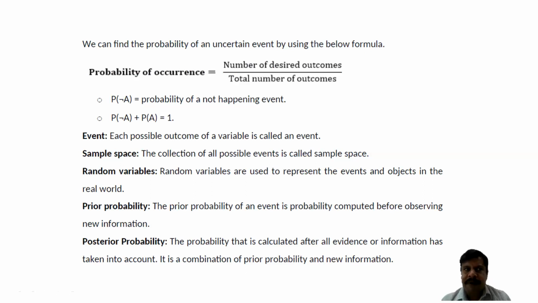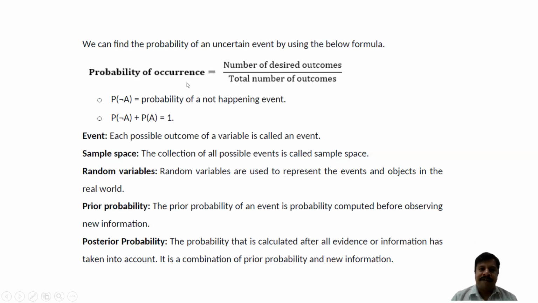The upper face can contain 1 dot, or 2, or 3, or 4, or 5, or 6 dots. But I want only the event that the dice shows 3 points. So what are the desired outcomes here? Desired outcome is 1 only, and the total number of outcomes is 6. Therefore, the probability of a 3 appearing on the dice is 1 by 6.